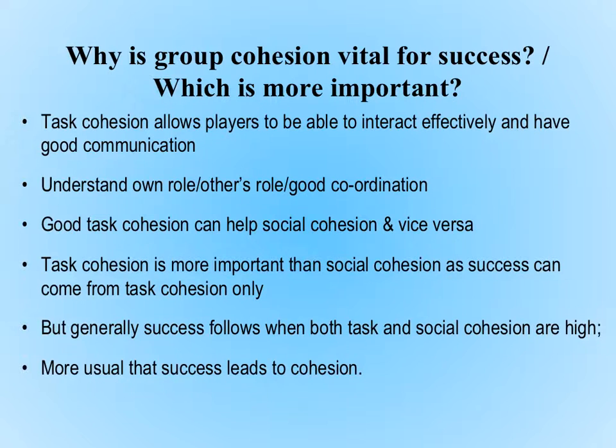So obviously communication is a big part of what we're talking about, and having good coordination between the players. The fact that task cohesion can help social cohesion and vice versa, so social cohesion can help task cohesion, so they can affect each other and help each other hopefully. However, task cohesion is seen as the most important.